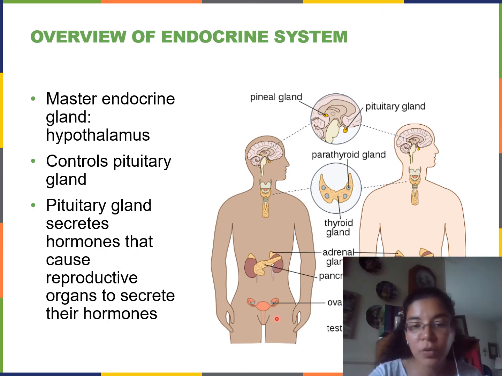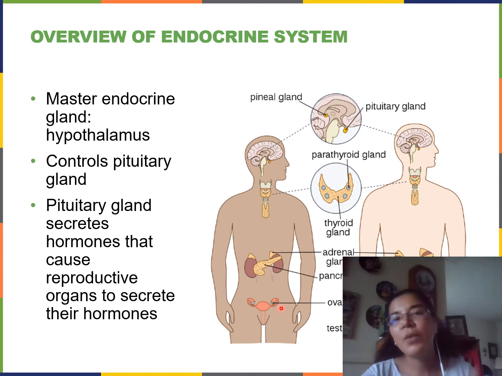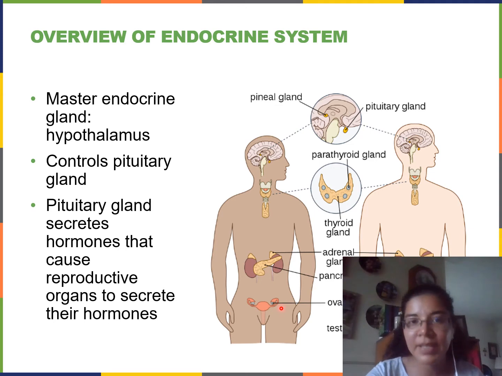So what are the gonadal hormones? In the ovaries, we have progesterone and estrogen, and then we have another hormone called inhibin, because that one inhibits or will stop the process. And then in males, we have testosterone and inhibin as well, because that hormone will stop the whole process too.